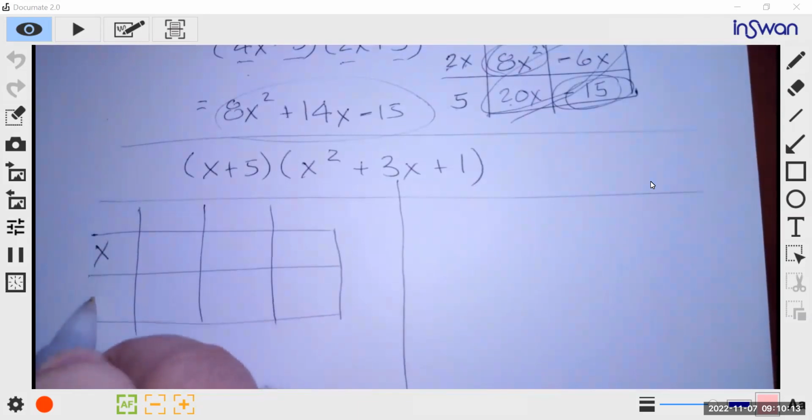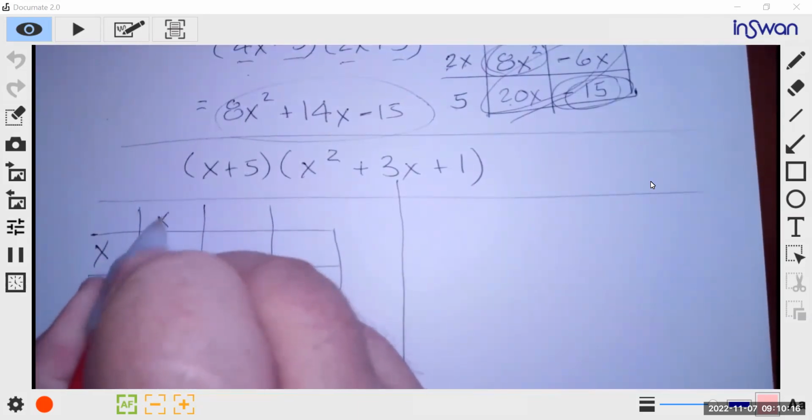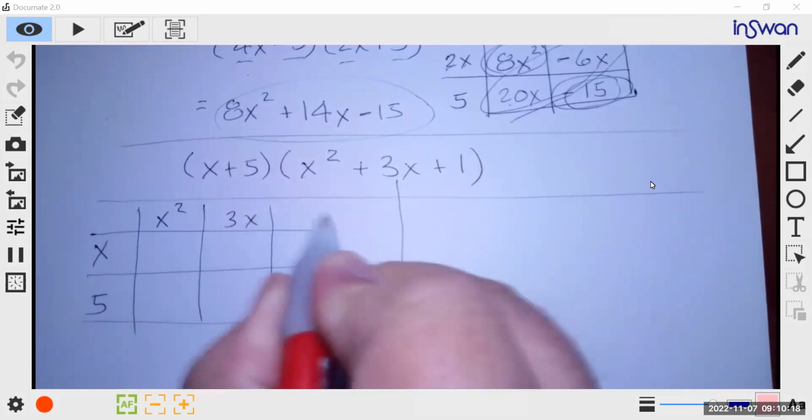We have x and 5 there. X squared, 3x and 1.